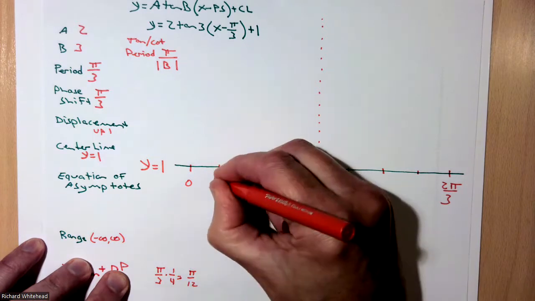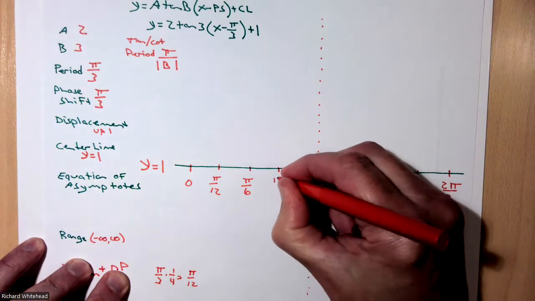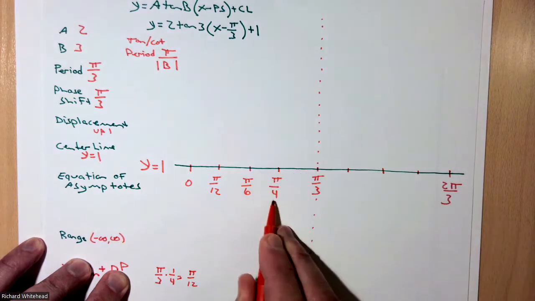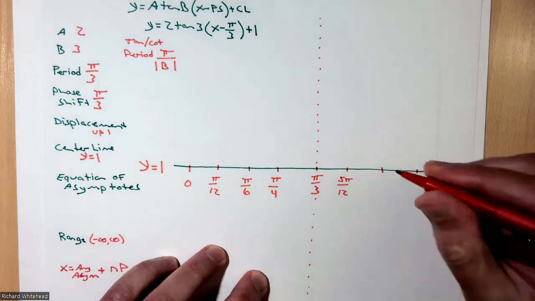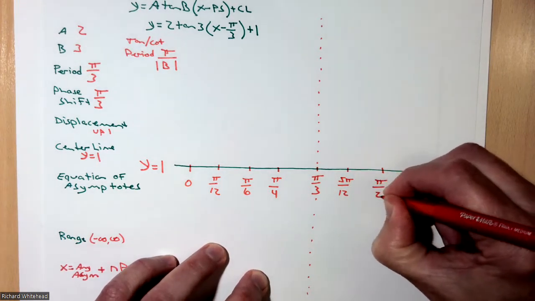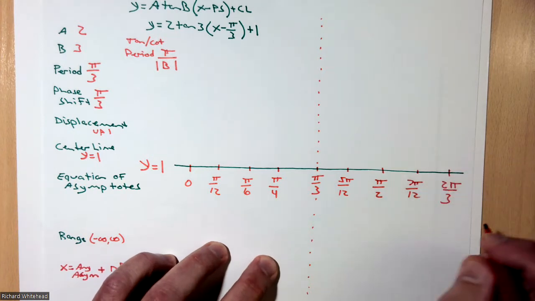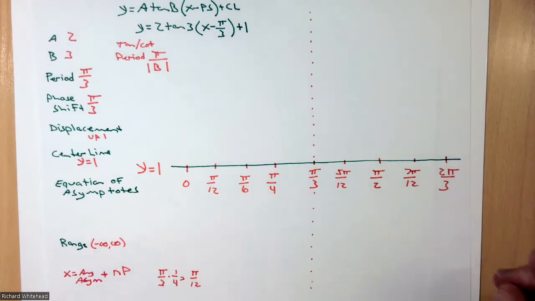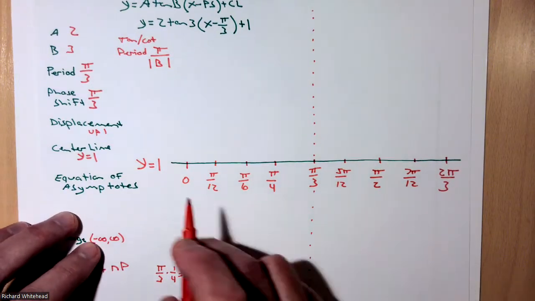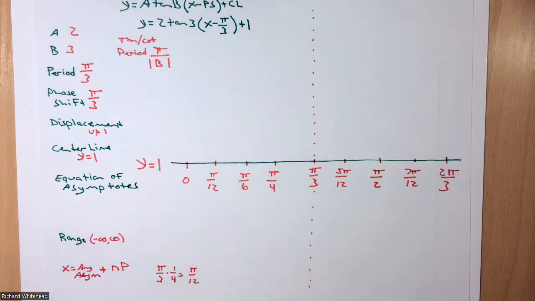So 0, 1 pi over 12, 2 pi over 12, 3 pi over 12, 4 pi over 12, 5 pi over 12, 6 pi over 12, 7 pi over 12, 8 pi over 12. So we got our horizontal axis labeled, which, as I've said thousands of times, we know is the most annoying part.